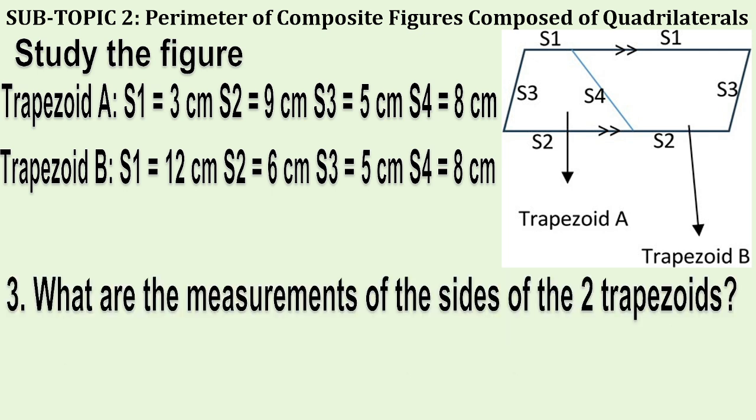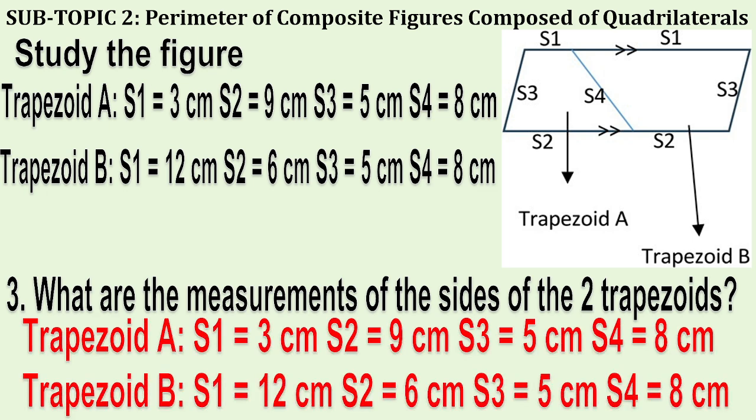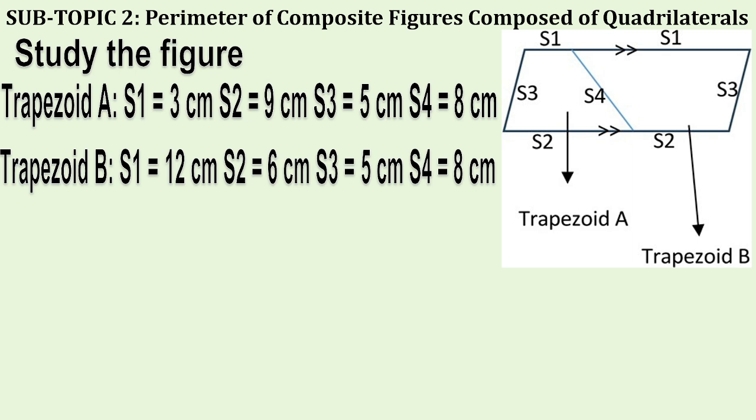What are the measurements of the sides of the two trapezoids? So, trapezoid A, side 1 equals 3 cm, side 2 equals 9 cm, side 3 equals 5 cm, and side 4 equals 8 cm. In trapezoid B, side 1 equals 12 cm, side 2 equals 6 cm, side 3 equals 5 cm, side 4 equals 8 cm.